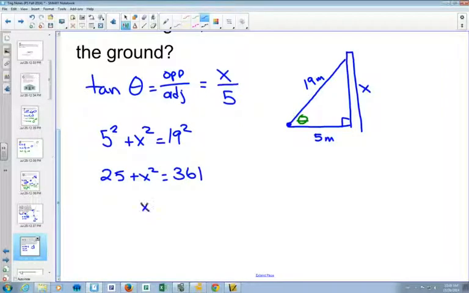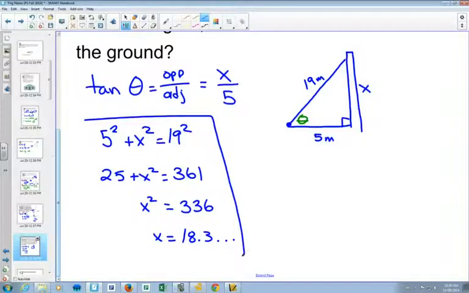Subtract the 25 on both sides, and we would get x squared equal to 336. So the square root of 336 tells me that x is 18.3. I'll put dots there because I don't want to round yet. We don't want to round until we're finished a question.